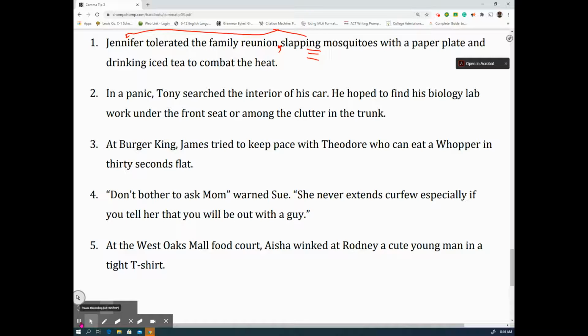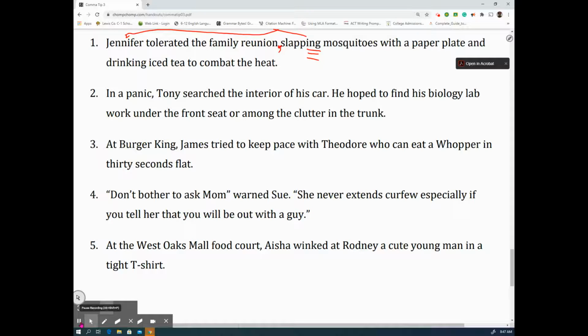But it's not a trick question if we know that these are prepositional phrases, and prepositional phrases don't require commas when concluding a sentence, which is what we have here. Okay. Number 14. I'm going to say that's yours then, Carissa. So: at Burger King, James tried to keep pace with Theodore, who could eat a Whopper in 30 seconds flat.